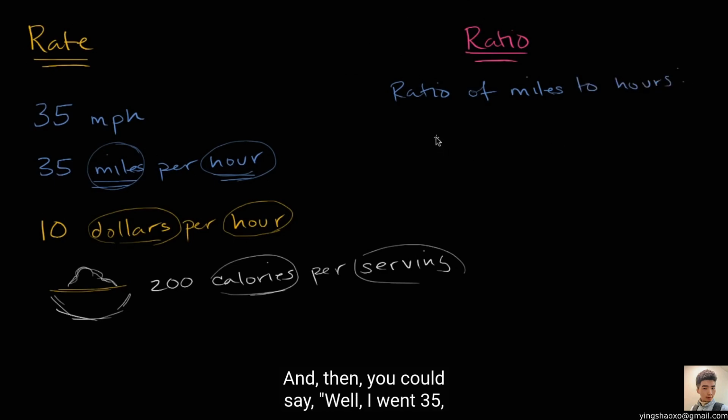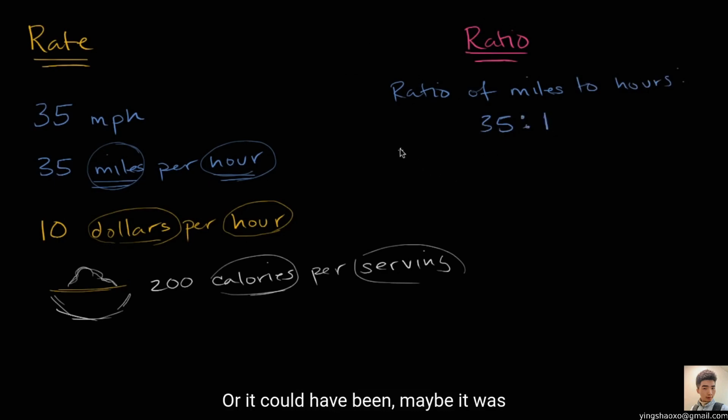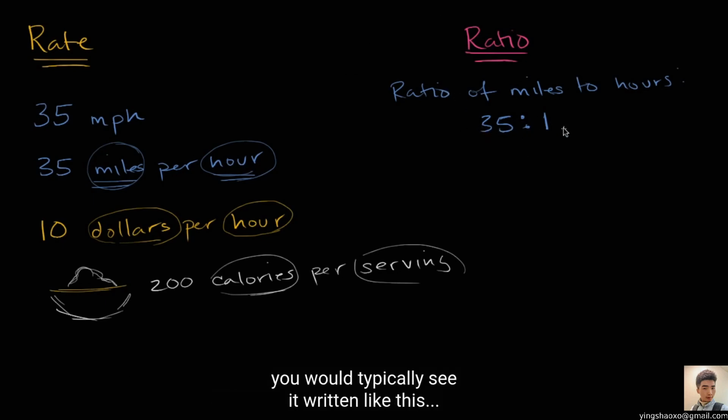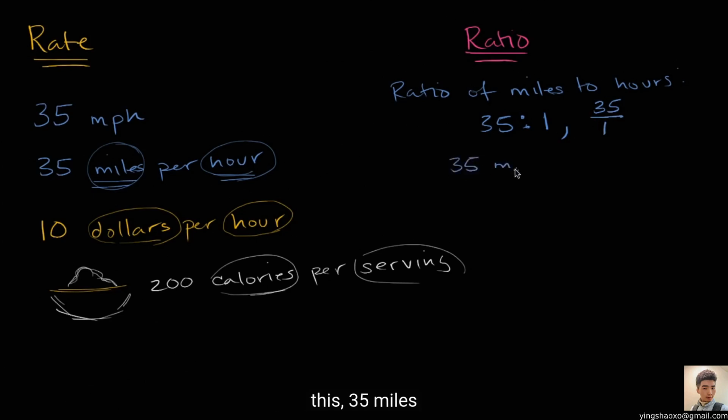And then you could say, well, if I went 35, the ratio of miles to hours was 35 to 1. Or maybe it was 70 to 2 or something like that, but that could have been reduced to 35 to 1. So as a ratio, you would typically see it written like this, or maybe see it written like this. And sometimes you might even see it written like this, 35 miles to 1 hour.